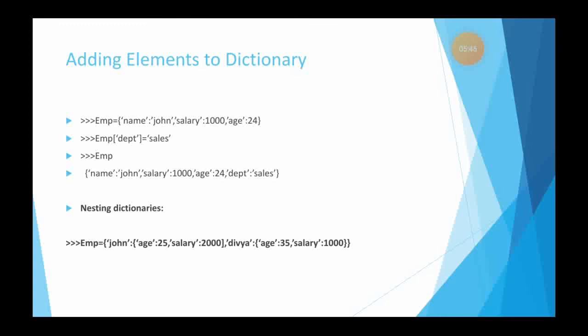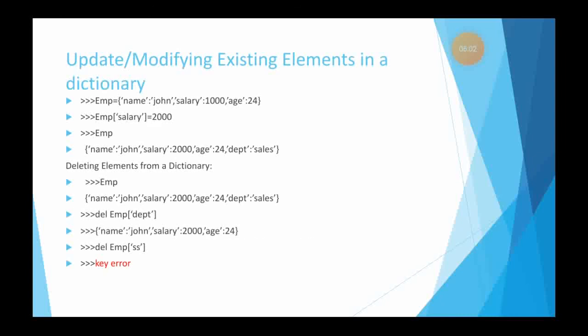How to add an element in a dictionary? What is the syntax? Dictionary name, square bracket, the string key, equal to value. What does nesting dictionary mean? A dictionary inside a dictionary is called a nested dictionary. How can we update or modify existing elements in a dictionary?